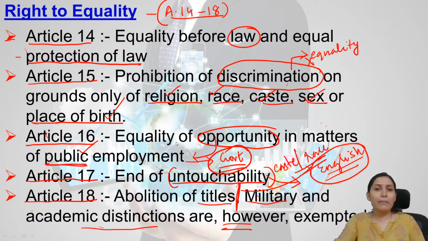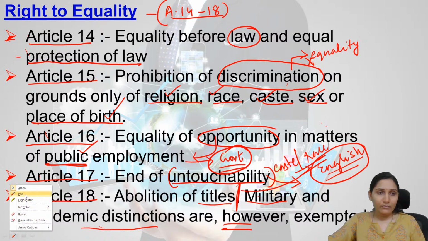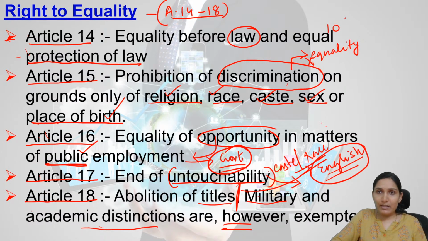This article was amended, and through that we introduced the provision of EWS, economically weaker sections. Now a 10% reservation has been introduced for EWS. This is a new category.